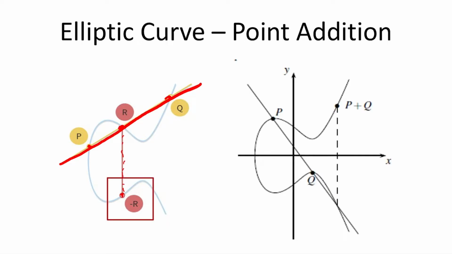Here is another example. Let's say now we want to add these 2 points, P and Q. Okay, so we draw a line through these 2 points, and you can see here that this line intersects this curve at another point. So the reflection of this third point is actually the result of addition of points P and Q. So what will be the reflection of this point?